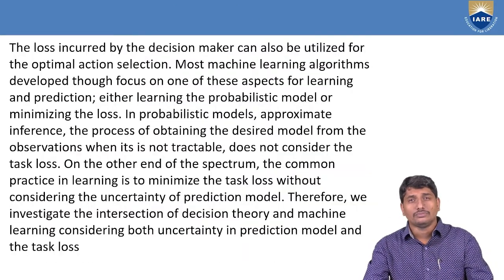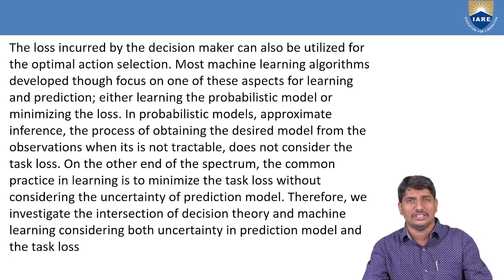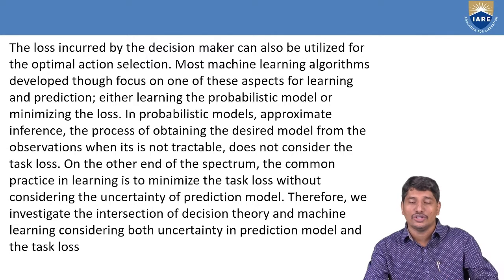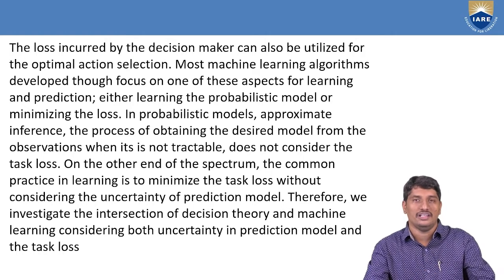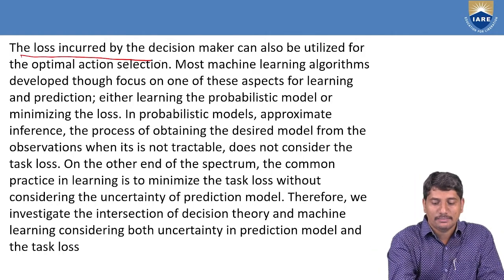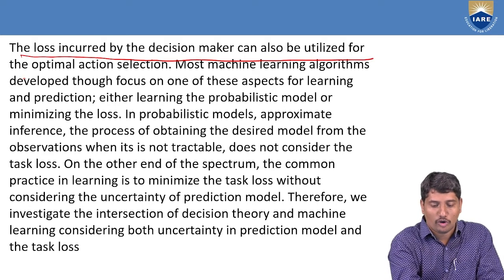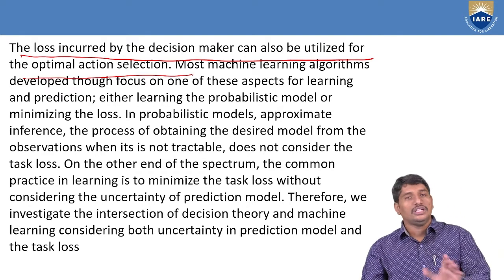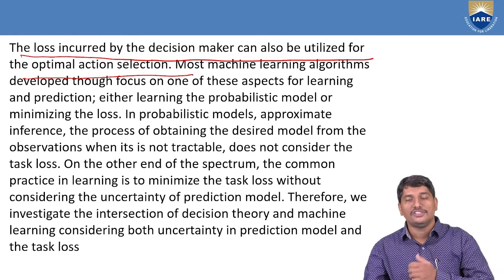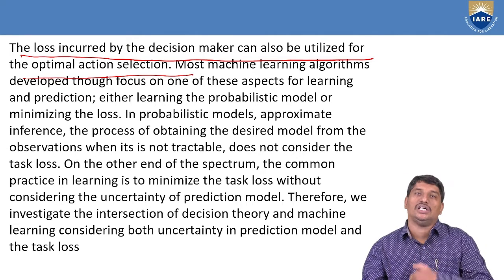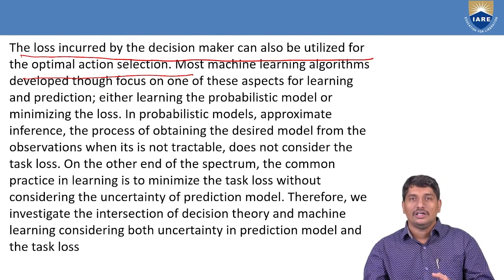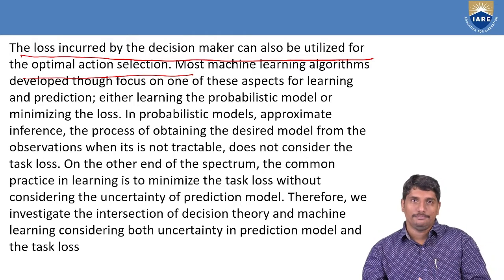Now, whenever we make a decision, it may lead to gain or it may lead to loss. So what happens if we face a loss when we have made a decision? The loss incurred by the decision maker can also be utilized for optimal action selection. That means when we have incurred a loss the first time, we need not be distressed or disappointed.